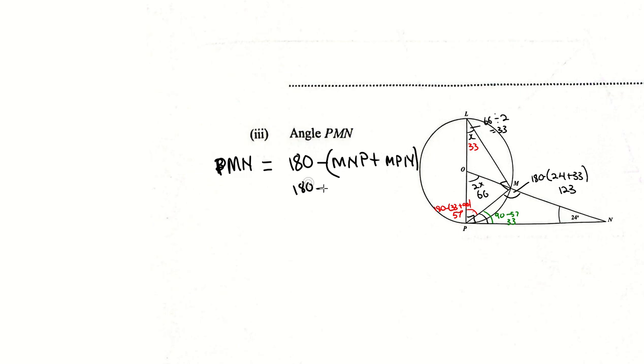So it's 180 minus, MNP is 24 plus MPN, which we don't know, right?